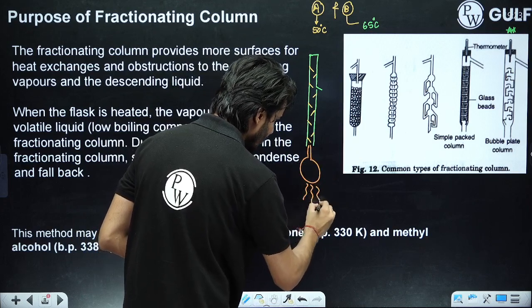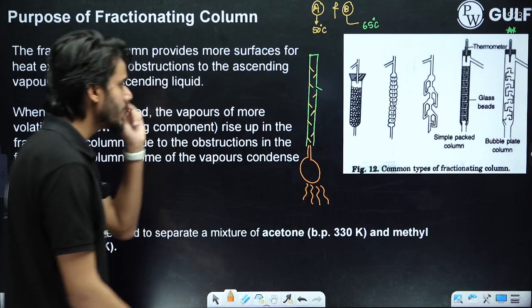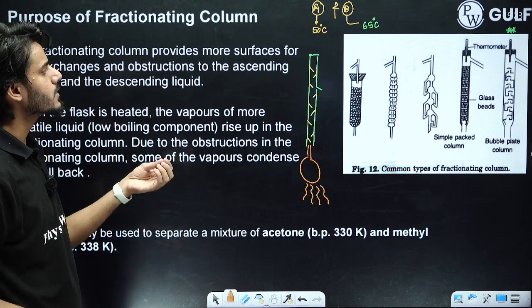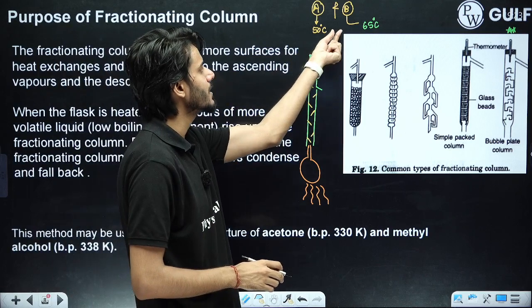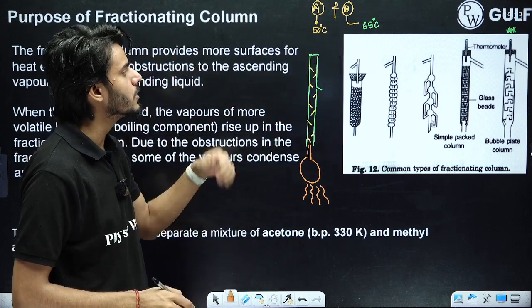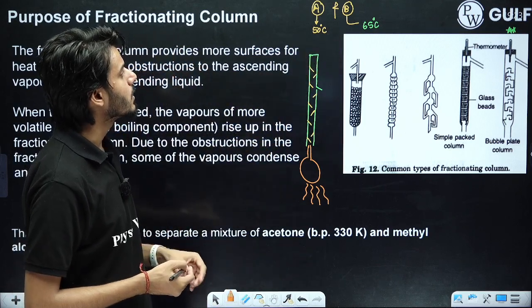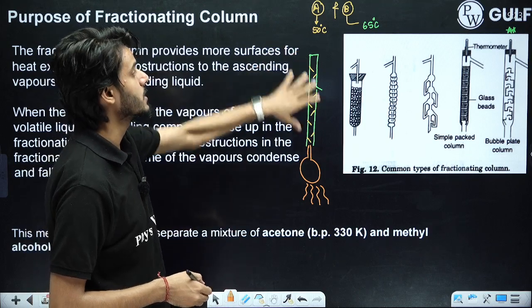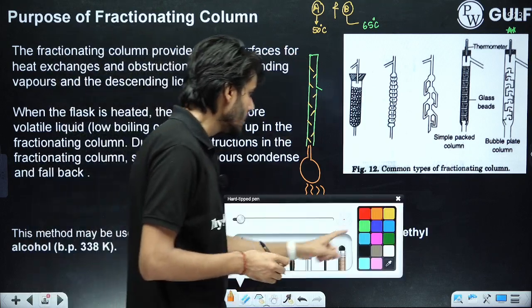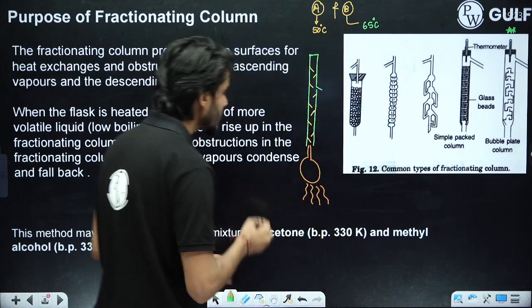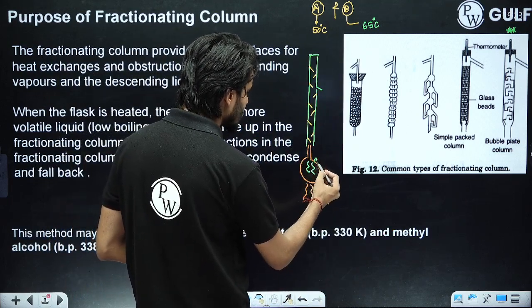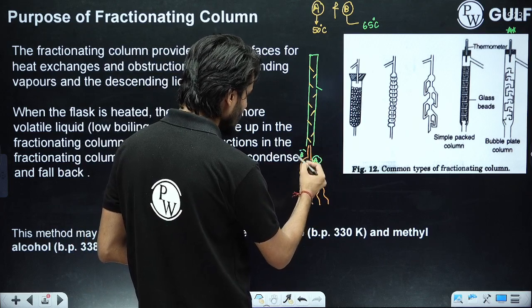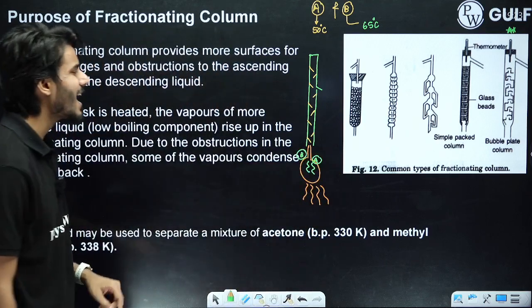Let's suppose you gave a temperature, for example 65 degrees Celsius, because the difference is very, very small, so it is not in your hand to keep the temperature very precisely at 50 degrees Celsius. Now let's suppose you give the temperature to be 65 degrees Celsius. Just because of this, both A and B start to vaporize. But before this, in simple distillation, we didn't have any fractioning column.